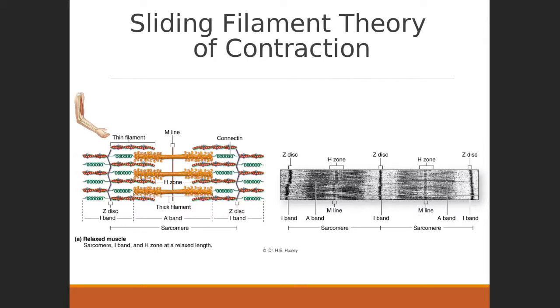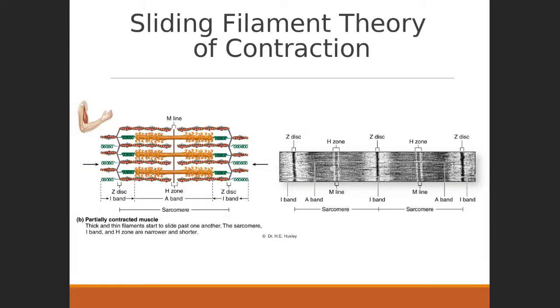Remember that when the arm is more at a resting length, we can picture the sarcomere in this orientation. And as long as the actin and the myosin are able to interact with one another, and as long as we have ATP present, then we will witness the filaments sliding over one another and the Z discs approximating.